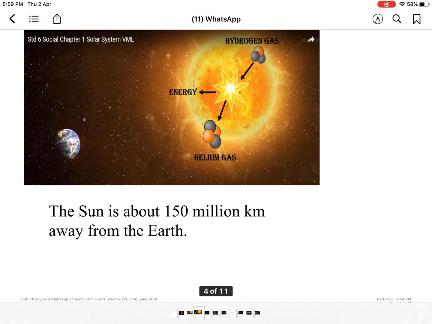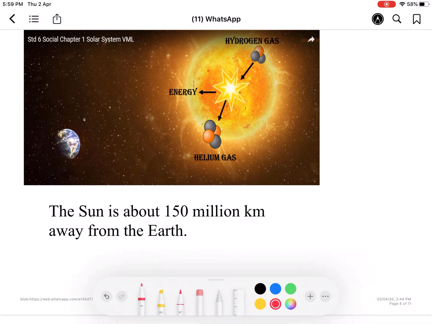It is huge and made up of extremely hot gases, and these are the two gases that actually provide heat and light for the solar system: hydrogen gas and helium gas, and continuously they are providing heat and light. But we cannot feel so much heat on the earth.